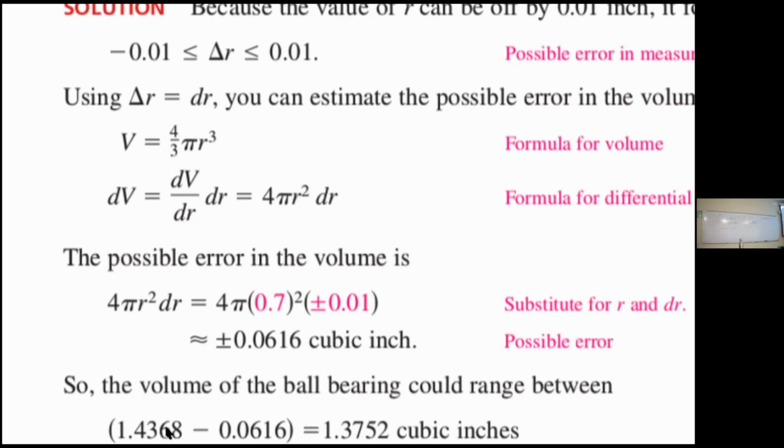The way I would do it would be 0.7 squared, times 4, times pi, times 0.01.